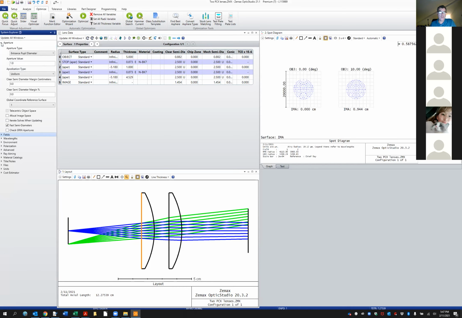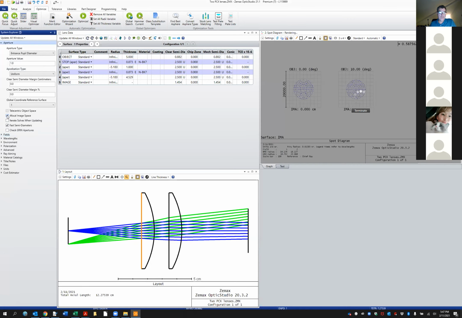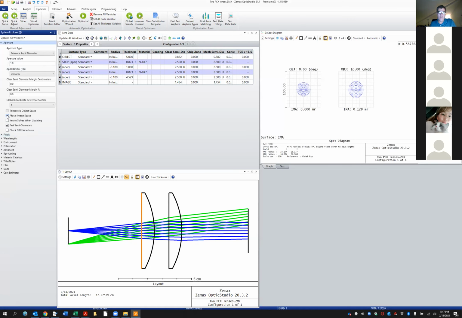So I'm no longer trying to focus everything to a point. We're going to have what we call an afocal image space. What that means is we're now just trying to see what the angular distribution is.